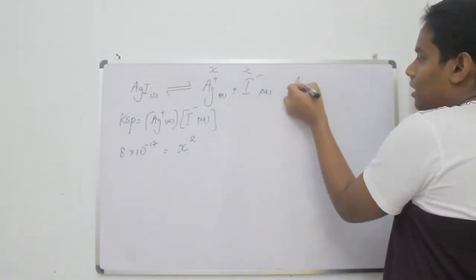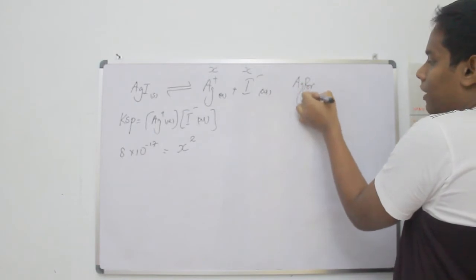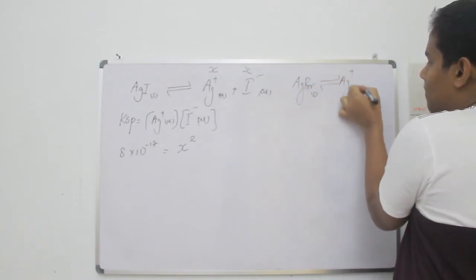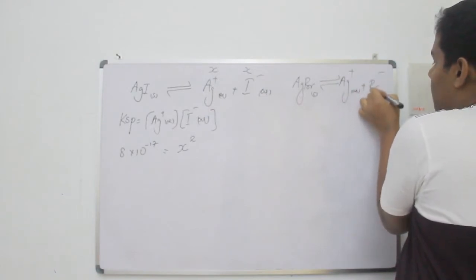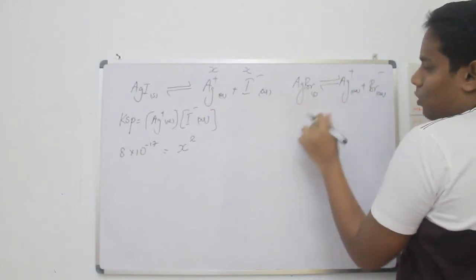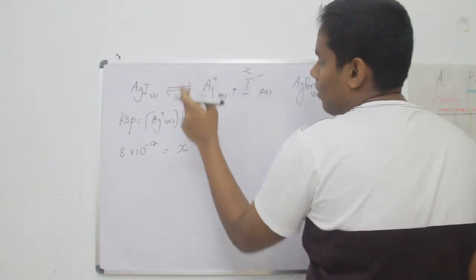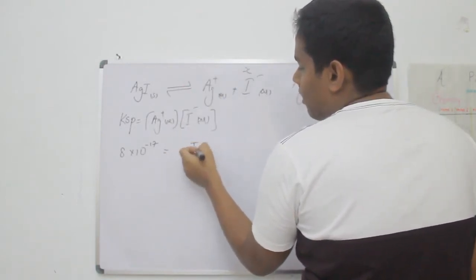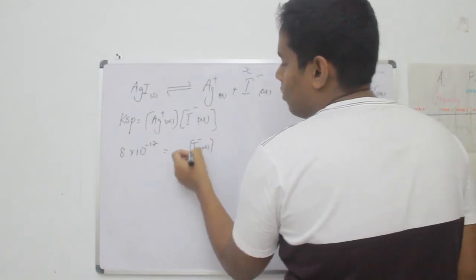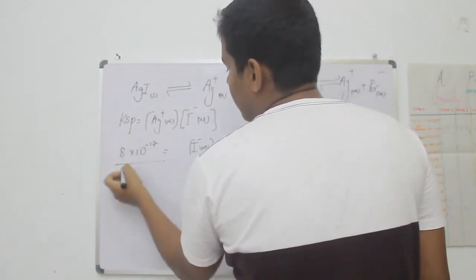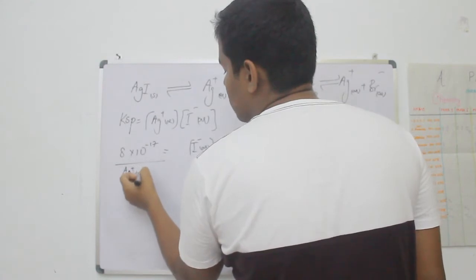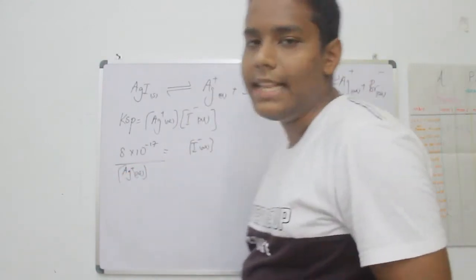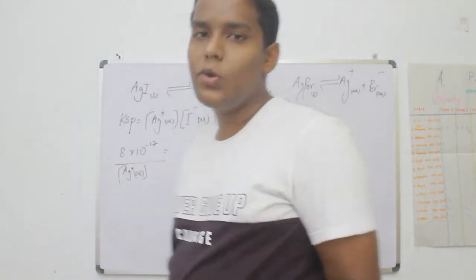But if you consider AgBr solid giving you Ag plus aqueous plus Br minus aqueous, we'll consider it like this. The I minus aqueous concentration equals 1.8 times 10 to the power minus 17 divided by the Ag plus aqueous concentration of the solution. This Ag plus concentration is what is there in the solution, because everything is together.